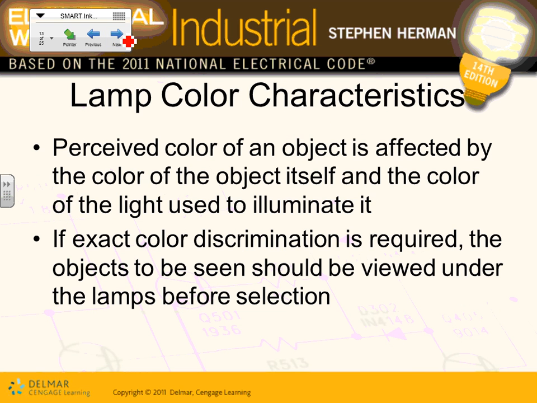Okay, so that's my color characteristics, guys. The perceived color of an object is affected by the color of the object itself and the color of the light used. If color is an issue, what we call color discrimination, you have to use a fixture that can give you, at least in a parking lot, minimum color discrimination.